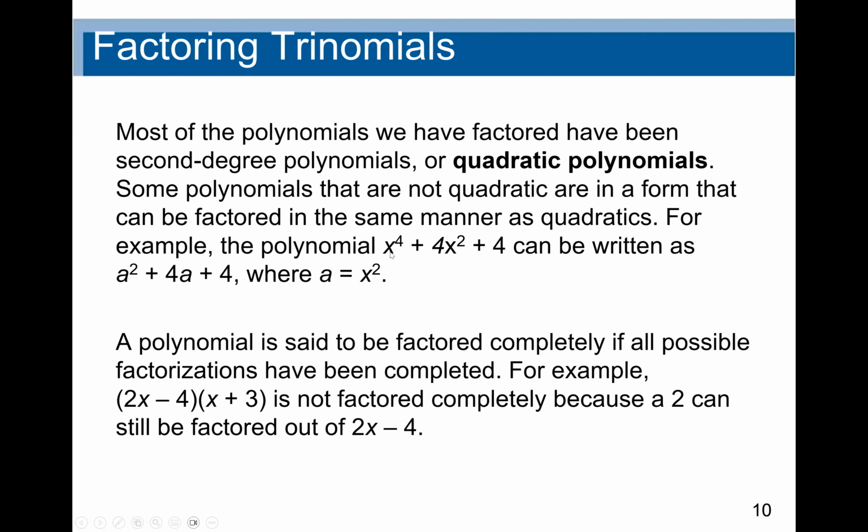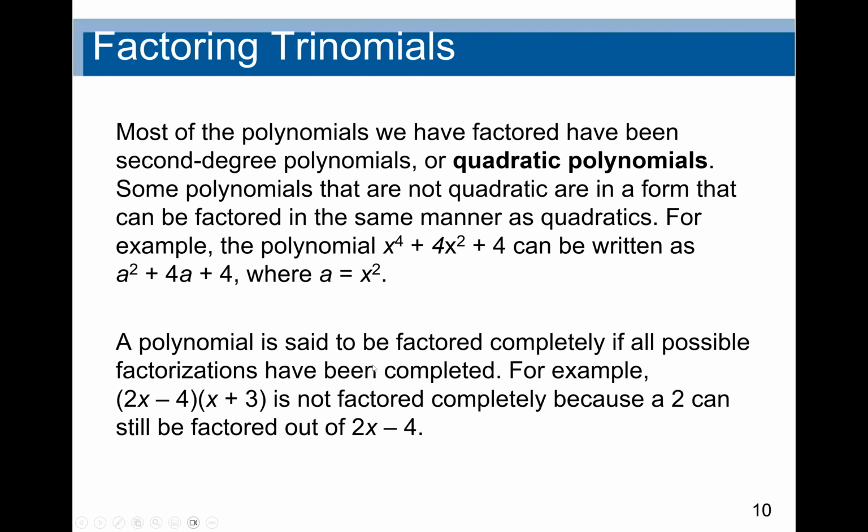So instead of writing x to the power 4, we are going to write a squared, because x squared squared will give us x to the power 4. So we get a squared plus 4a plus 4. Then we can factorize a squared plus 4a plus 4. With the answer we get, we are going to substitute x squared for a.